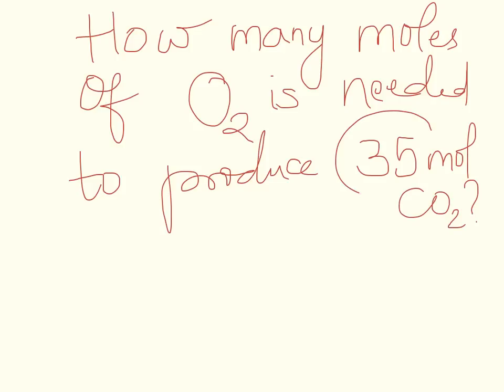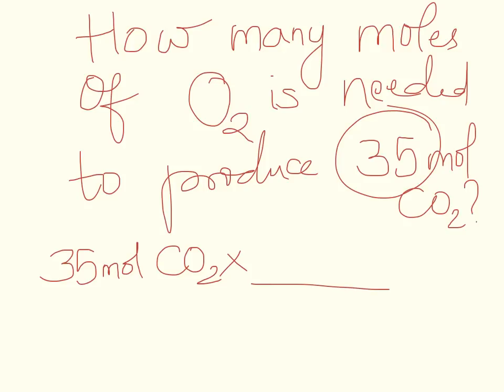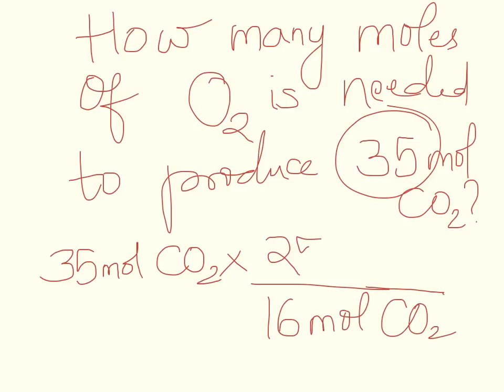So your goal is to make 35 moles of carbon dioxide. You know from the balanced chemical equation that 16 moles of carbon dioxide are produced when 25 moles of oxygen react. So to produce 35 moles of carbon dioxide, how many moles of oxygen do you need?